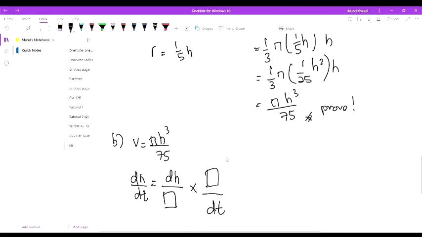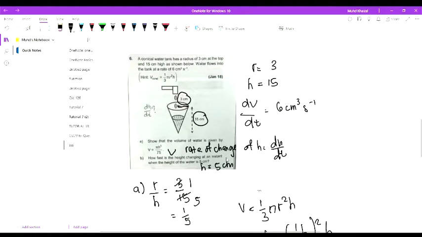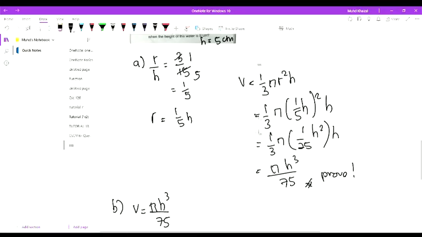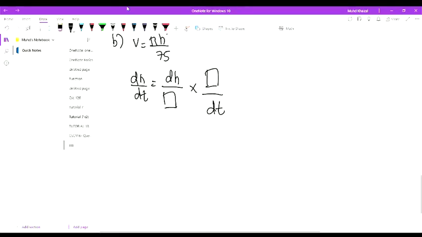Based on the information that we got earlier, we have dV over dt. So in this box we can replace it with dV. So how to find the expression to replace in this box?